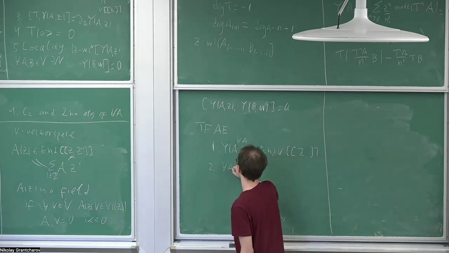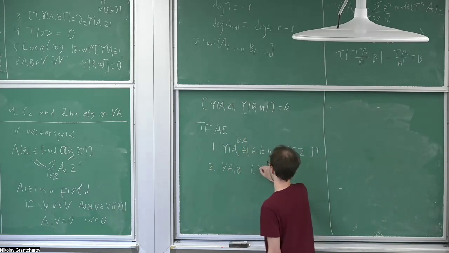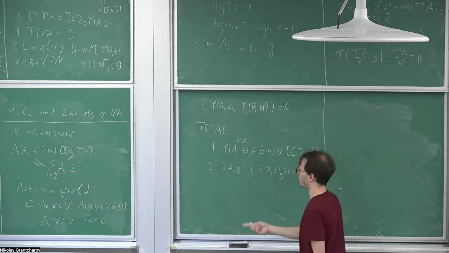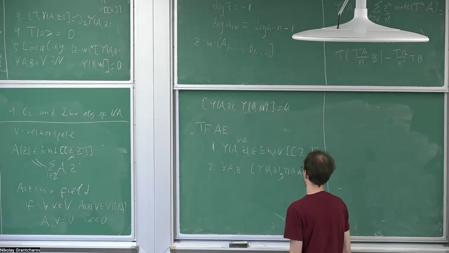Second, that for all A and B, the fields just commute, so no power of z minus w is necessary.